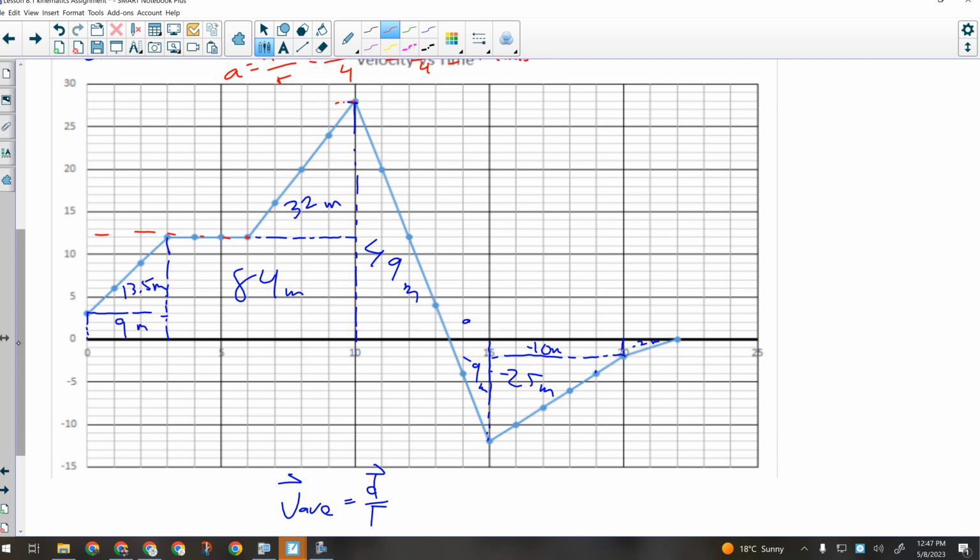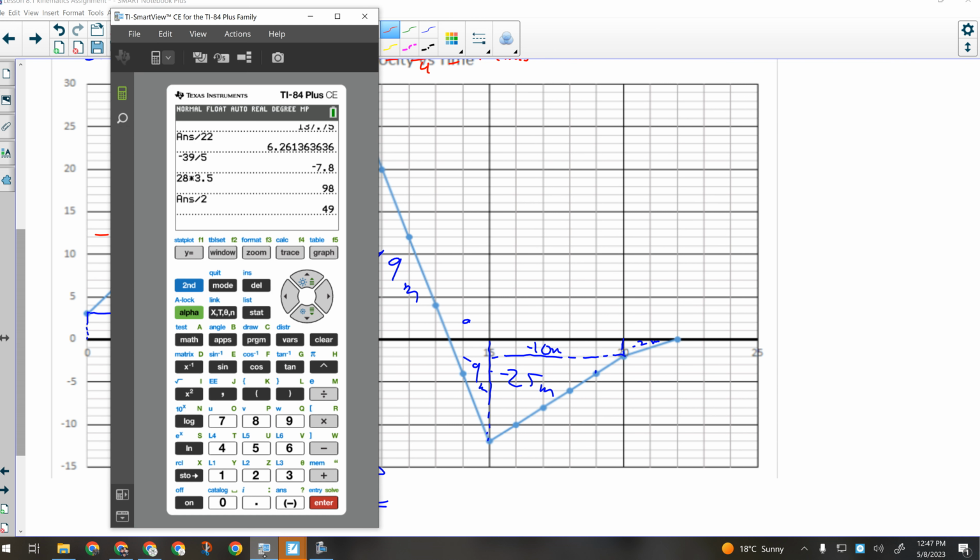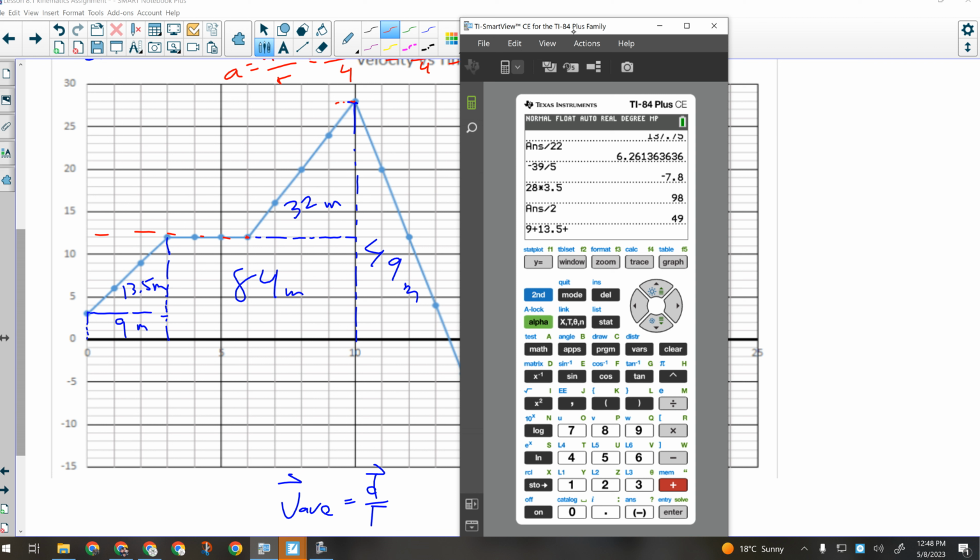So all I have to do is add the numbers together between 0 and 10 seconds. So that's going to be 9 plus 13.5 plus 84 plus 32. So the total distance traveled there is 138.5 meters. All we're doing is adding together the scalar quantities.